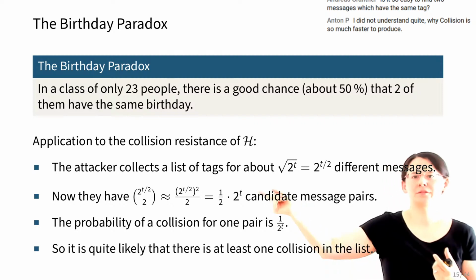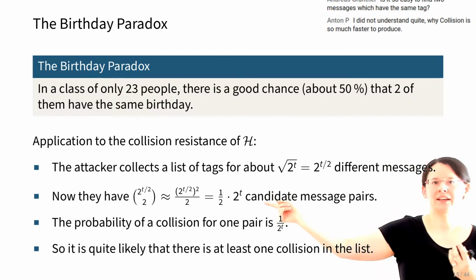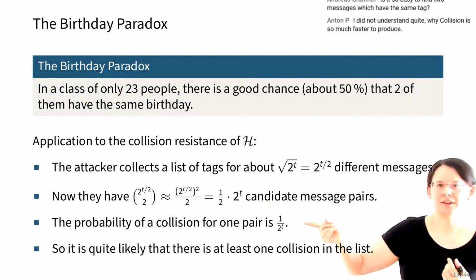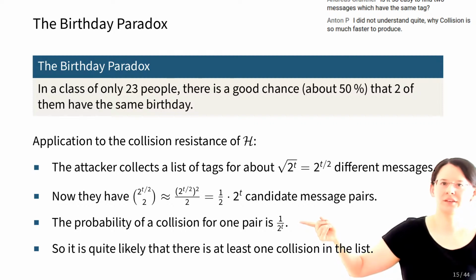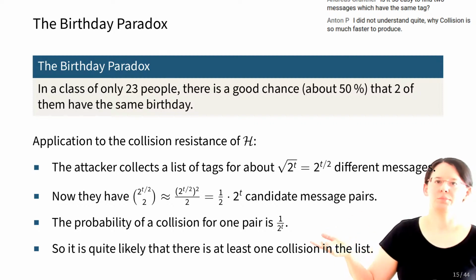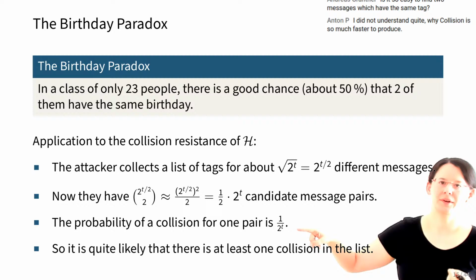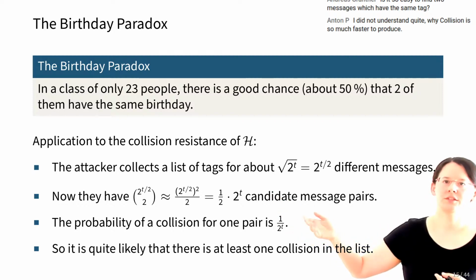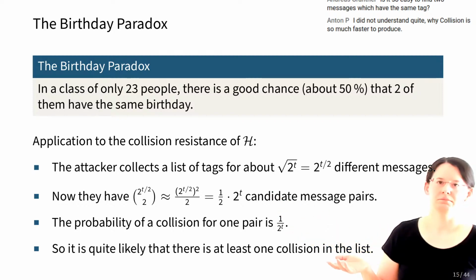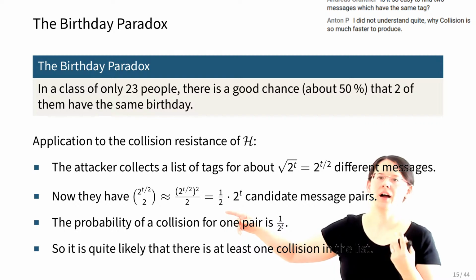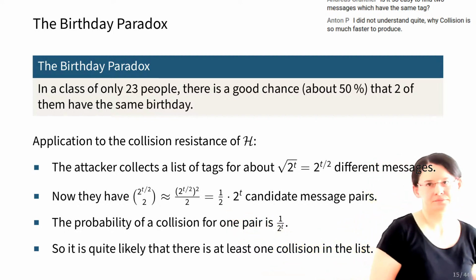So if I have 2 to the t many candidates approximately, and each one has a success probability of about 1 divided by 2 to the t, then in total the probability that I have a match is approximately this times this, or the expected number of matches is this times this, which is approximately 1 match, or if we account for this one here, half a match on average.